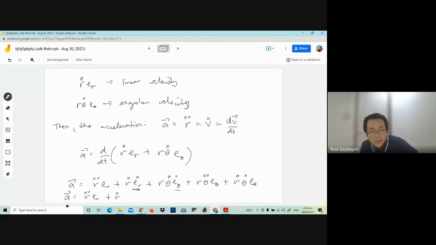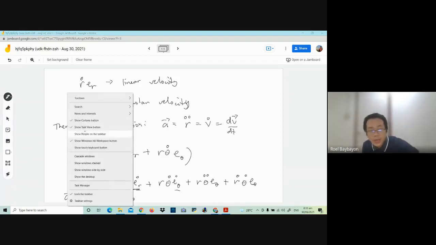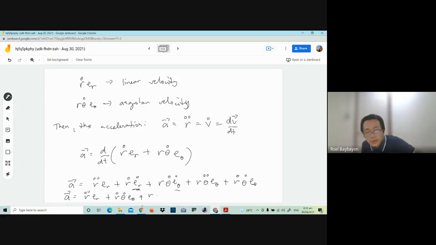Kabalo ko sa e_R dot, no? e_R dot is equal to theta dot e_theta, and e_theta dot is equal to negative theta dot e_R. Okay? e_theta dot is negative theta dot e_R, while e_R dot is theta dot e_theta. Okay, so I have that.